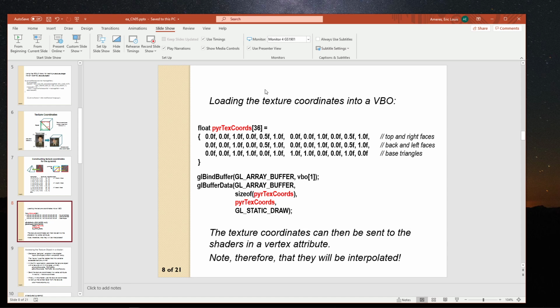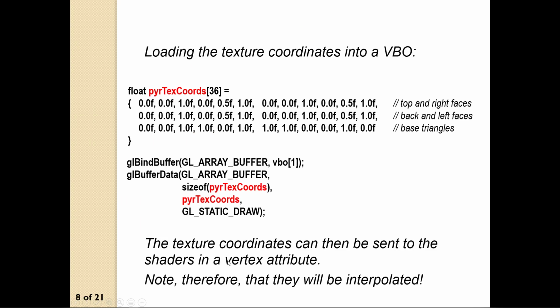So here's the bits of it. Just like you're used to, in the program we have our texture coordinates, the UV coordinates, in a VBO, almost exactly like any other vertex data, like we had the vertex positions.